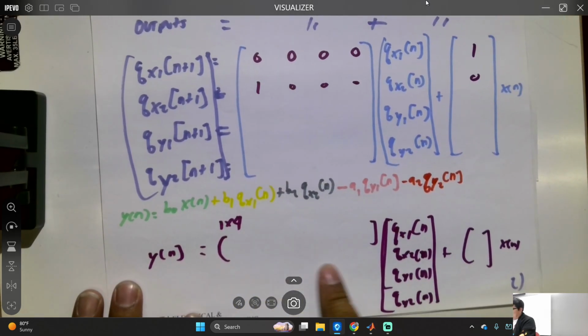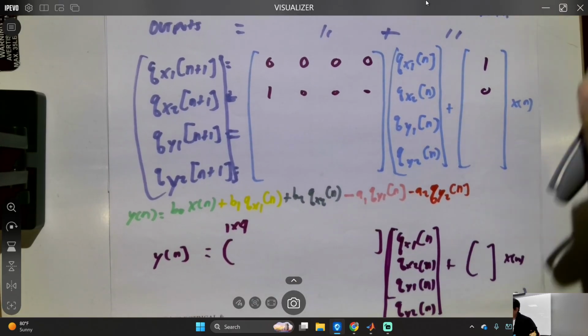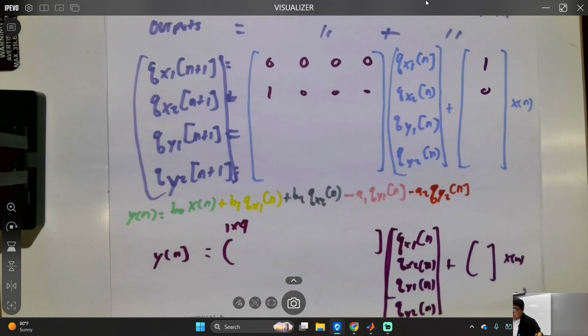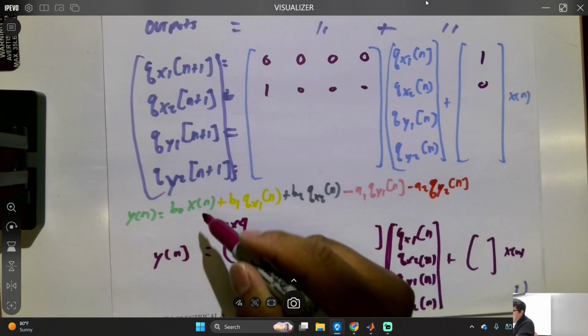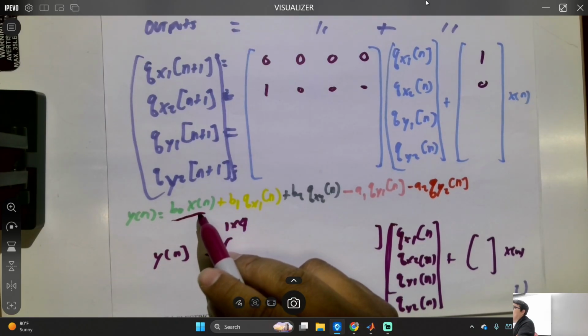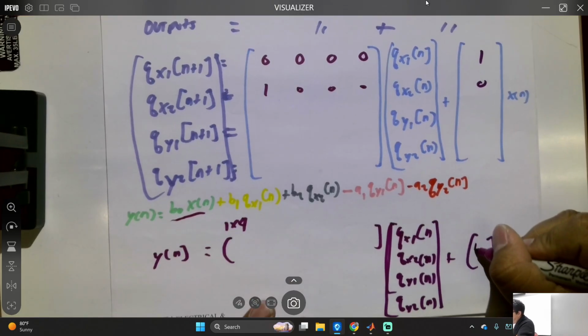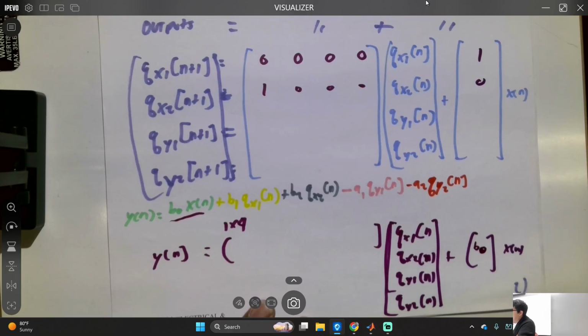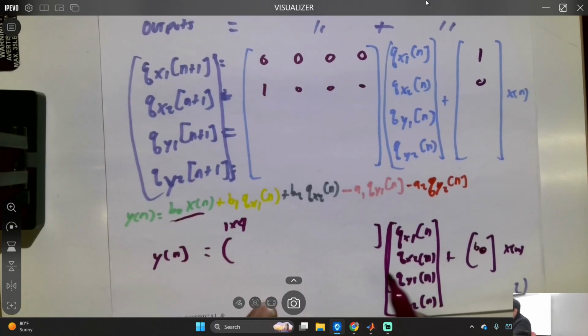Anyways, let's solve for outputs before I tackle this guy. Let's see, where's my nice marker? So our output has this B0 term right here, with the input. So here's our input, B0. Cool, easy, and nothing else. All right?